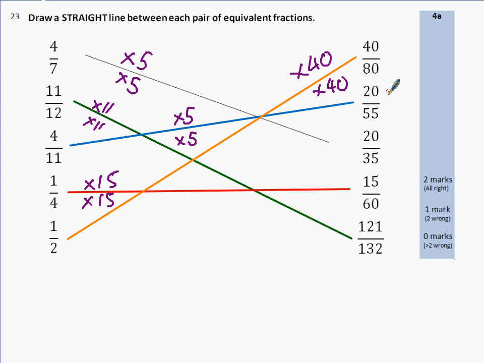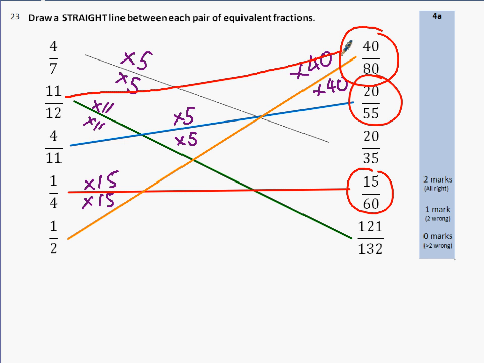If you look at the other fractions that still remain, that one's gone. So these are the fractions that maybe could have joined with 11 over 12. You can't times 11 by a number to get 40 and multiply it by that same number to turn 12 into 80. That doesn't work, so they're not equivalent.